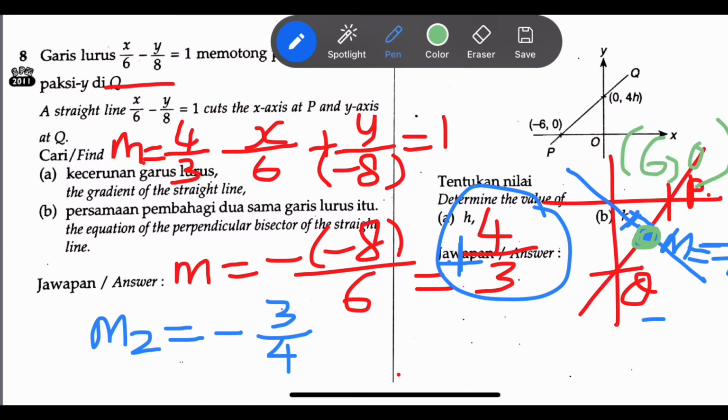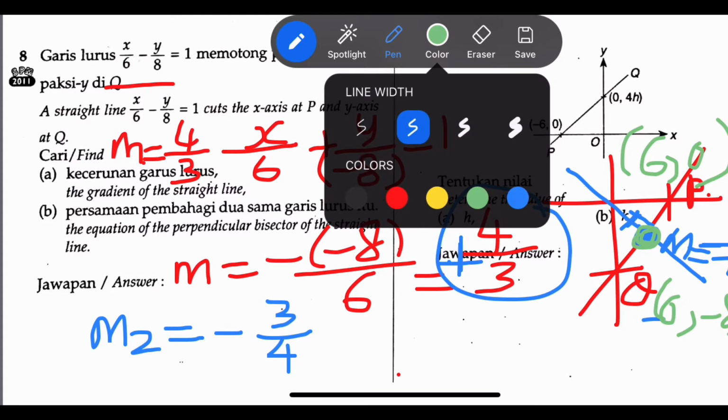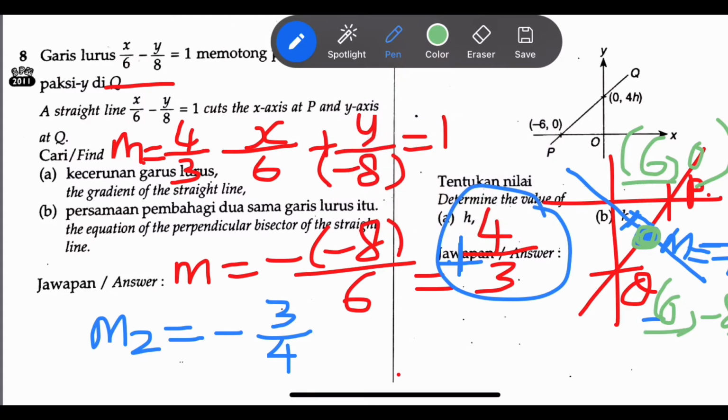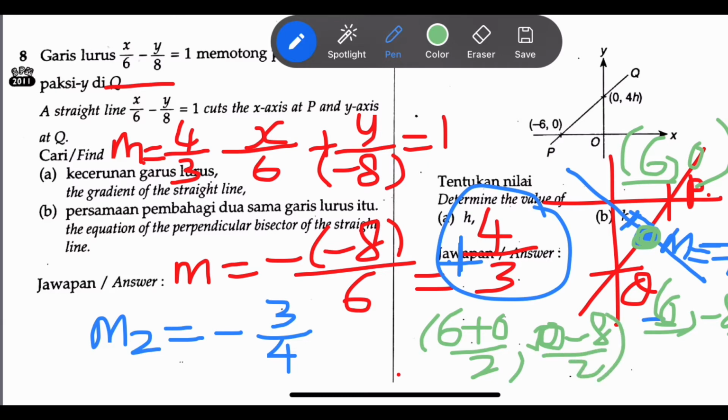Alright, so now we need to find the equation of the perpendicular bisector, right? When you see perpendicular bisector, basically you need to find the midpoint. To find the midpoint, you label the points (0, -8) and (6, 0).